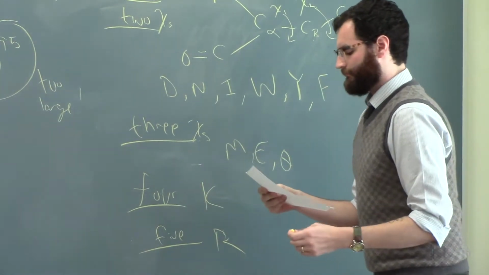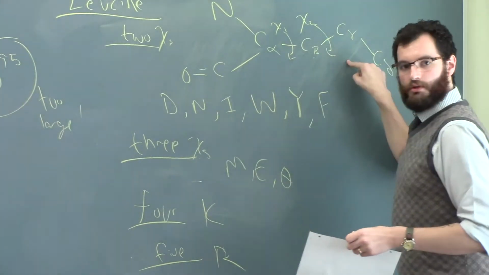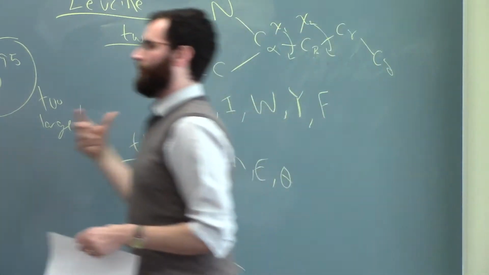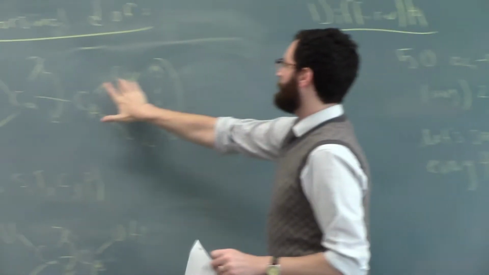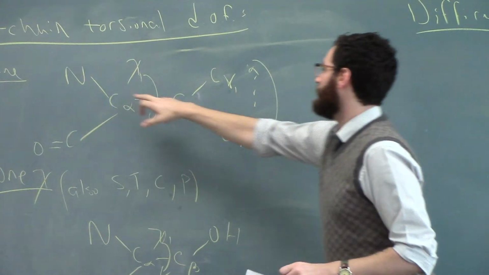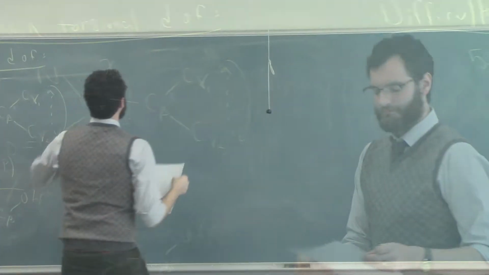Okay. And so these angles are always going to be defined using the atoms of highest priority. So for example, over here is C gamma 1 and C gamma 2. C gamma 1 is a higher priority, and so that is the atom that's used to define the chi.